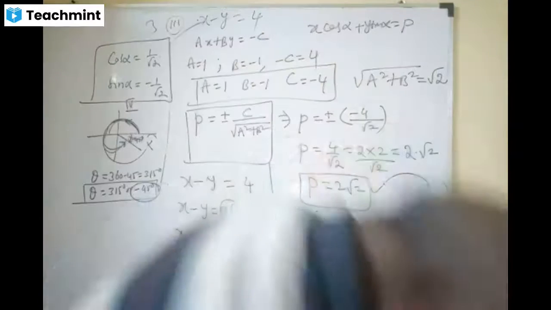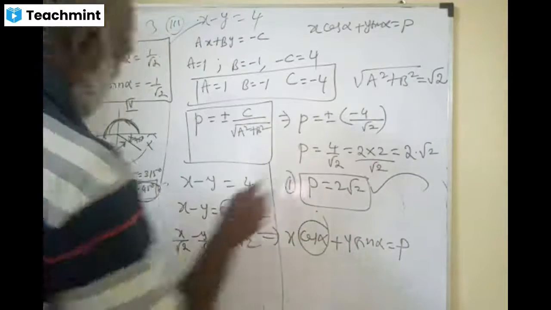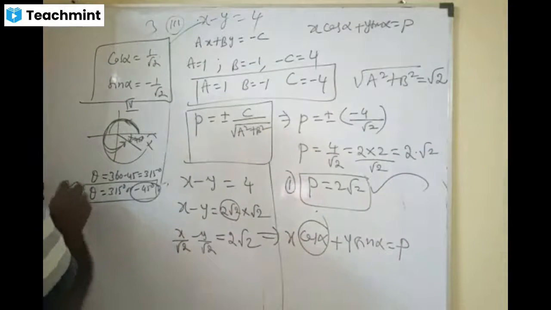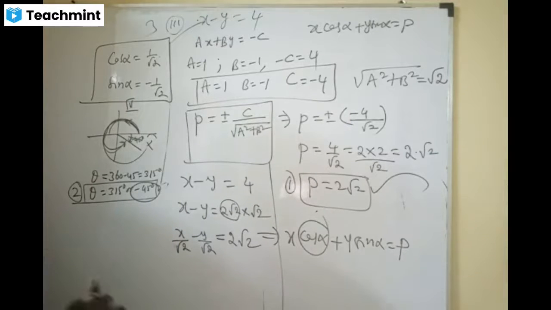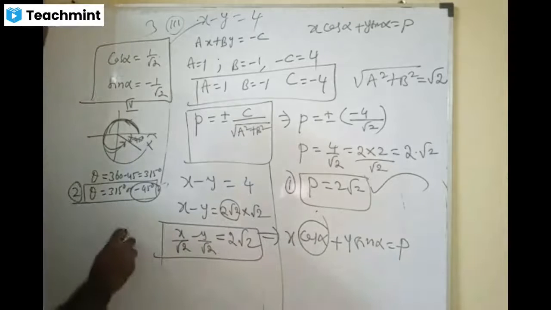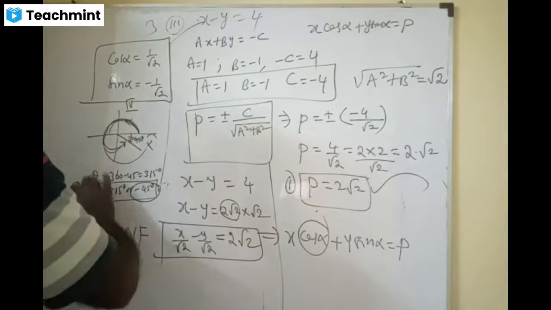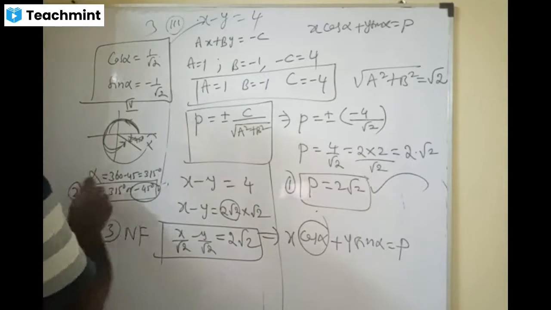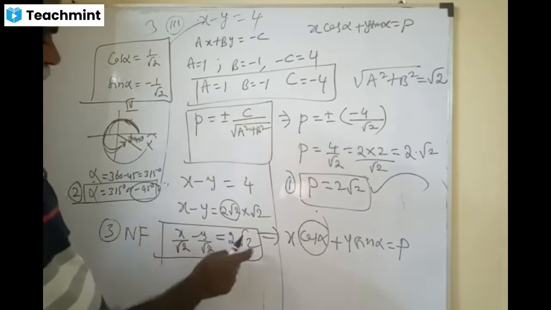Done. So P is 2 root 2. This is number 1 and this is number 2, that is theta is 315. In the model level, you need to find this out. And this equation is this one, this is the normal form. Number 3: P, alpha or theta, what is alpha? Normal form is this one.